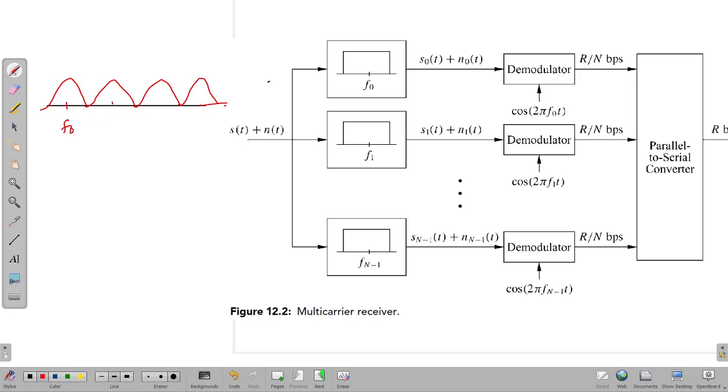They were centered at different frequencies, and the separation between each subcarrier is total bandwidth B divided by N, which is Bn.